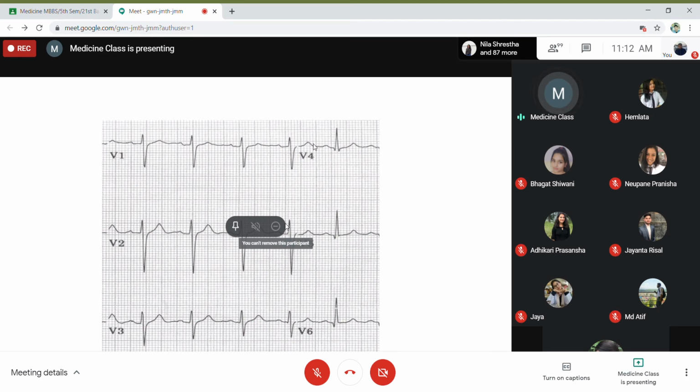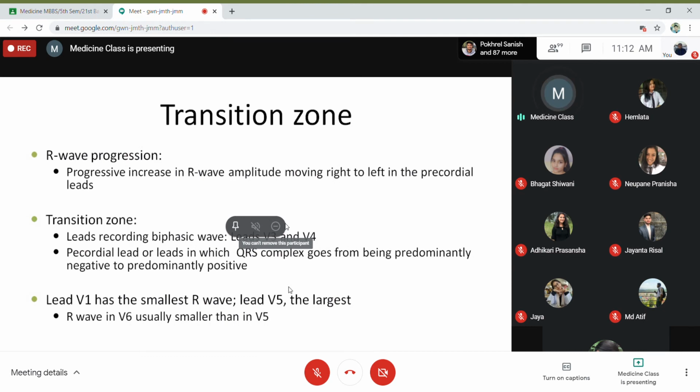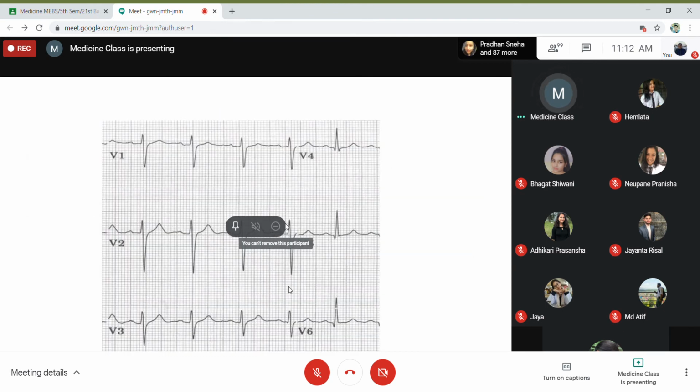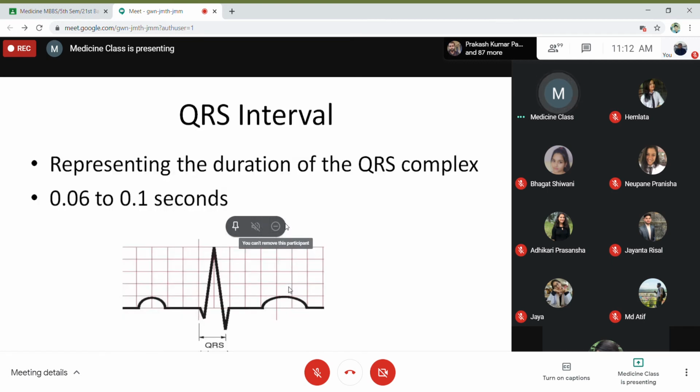And sometimes it comes at V4 also. If it is not like that, suppose there is a persistence of deep S wave in V5 and V6, then we call that a poor progression of R wave. And that is usually seen in right ventricular hypertrophy or in COPD also.